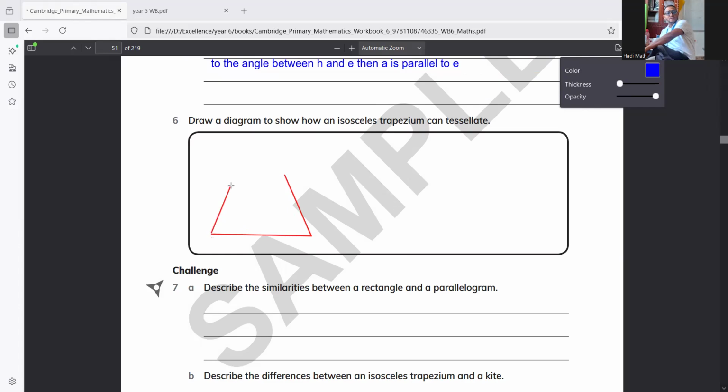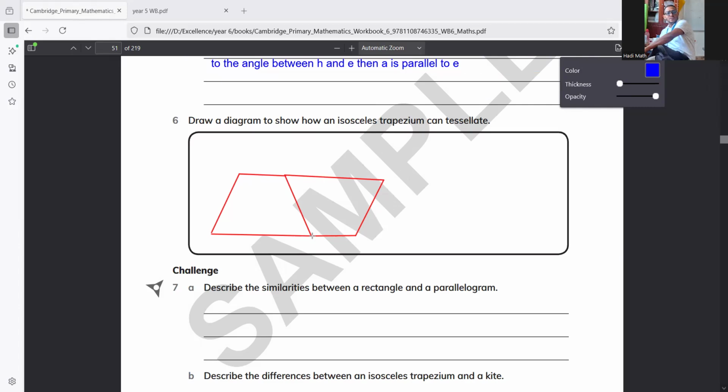Those two are equal, and this one is here. You need to draw from here another one this way, the same parallelogram, and they will translate like that. This is how they translate.